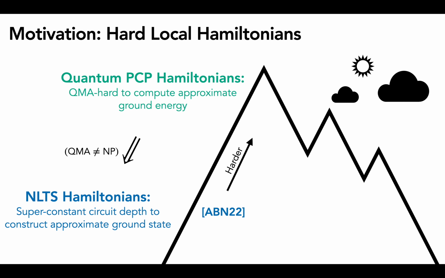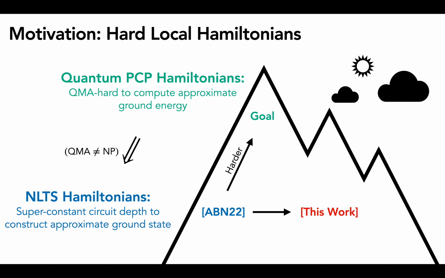Now, the first known construction of NLTS Hamiltonians was given by the breakthrough result of Anshu, Breuckmann, and Nirkhe in 2022. And this marked important progress, some of the most significant progress we have so far, towards the larger goal of quantum PCP Hamiltonians. In this work, we don't really go up the mountain, but rather we go sideways. So we give more constructions of NLTS Hamiltonians.